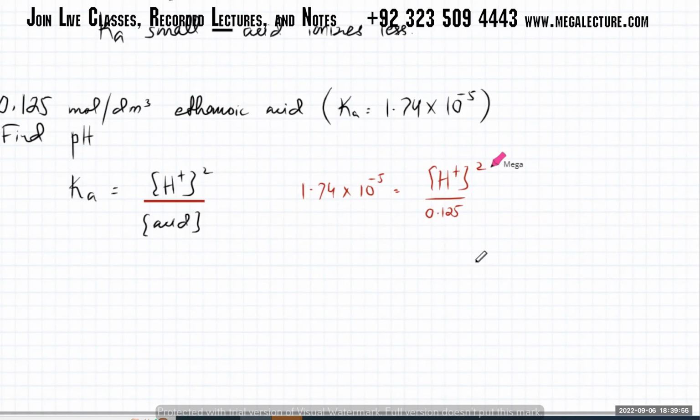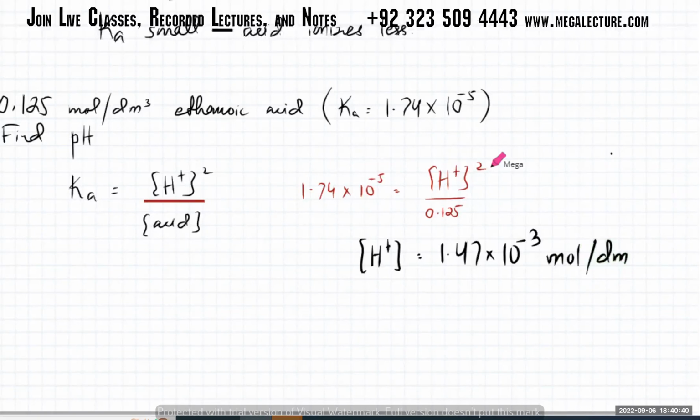So anyways, it's 1.47. H plus 1 is 1.47 times 10 power minus 3 mole per dm cube. And then you can easily calculate the pH as well.